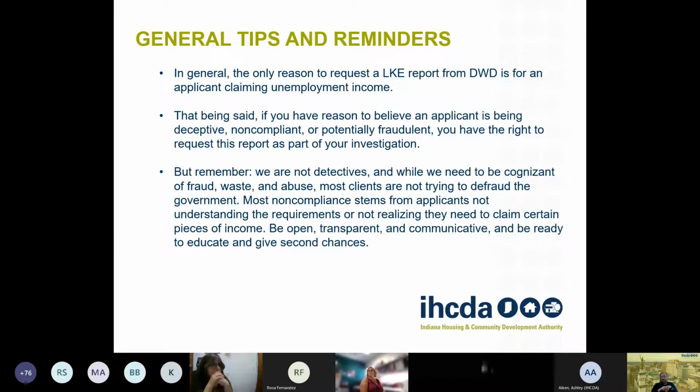But do remember that we still are not detectives. We do have a federal responsibility to be cognizant of fraud, waste, and abuse, but also weigh that out with our belief and understanding that most clients are not trying to defraud the government. Honestly, most application non-compliance stems from applicants not understanding the requirements or not realizing that certain pieces of income count as income.